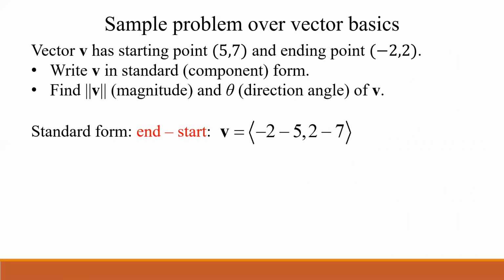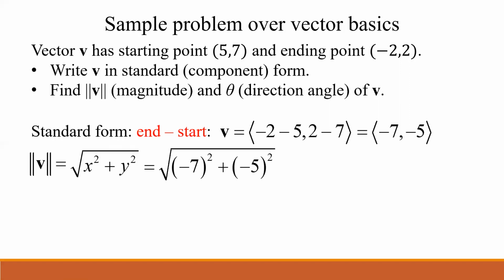So again, end minus start, so -2 minus 5, 2 minus 7 ends up being -7, -5. That's my vector. To find magnitude, remember that's my notation, I just do the Pythagorean theorem. So -7 squared, -5 squared, that's 49 and 25. Add those together. Root 74, and again, if you want to put it in a calculator and get 8.6, I don't care one way or the other, is fine.